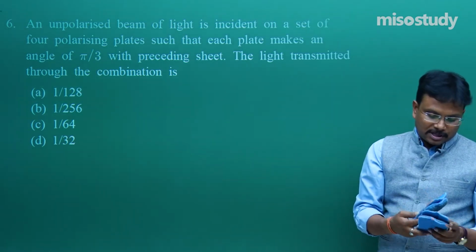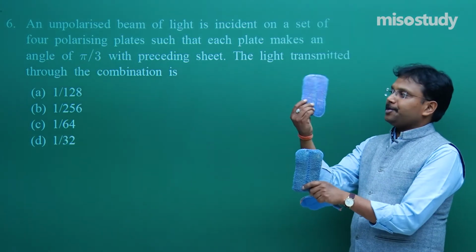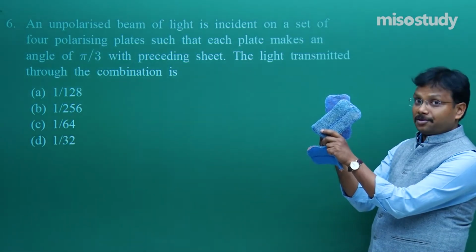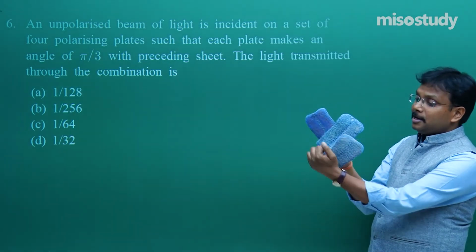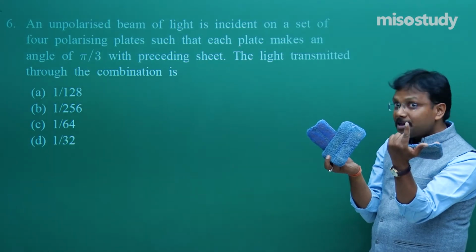It means if you just analyze using these 2 plates, if this is the first one, then the second is twisted like this, and the third is again twisted with the second by pi by 3, pi by 3 means 60 degree.